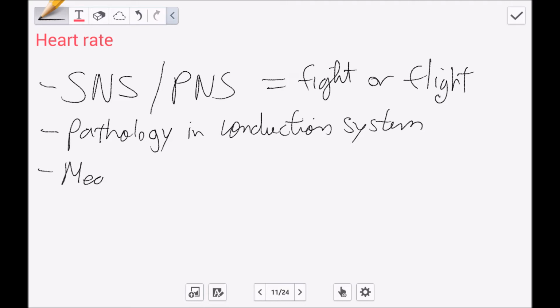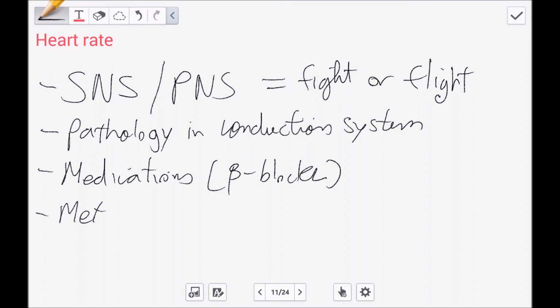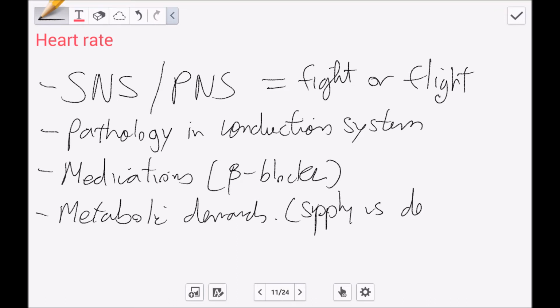It's affected by medication. Medication to slow heart rate down, namely, for example, your beta blockers. As an example. And it can also be affected by metabolic demands. Which is the supply versus demand, okay? Supply versus demand.